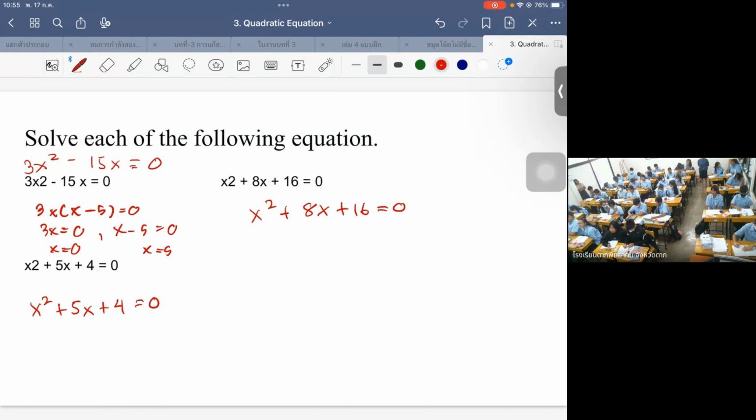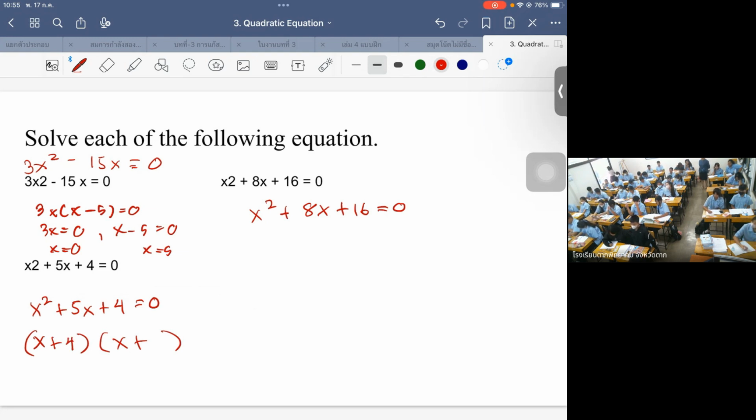Now let us proceed to x squared plus 5x plus 4 is equal to 0. So we need to find the factors by using the multiplication frame. So in multiplication frame, we need to get the factor.